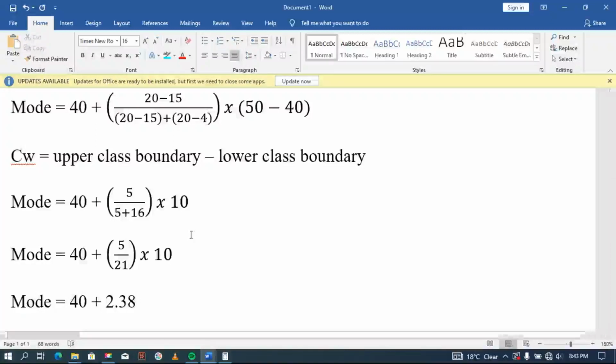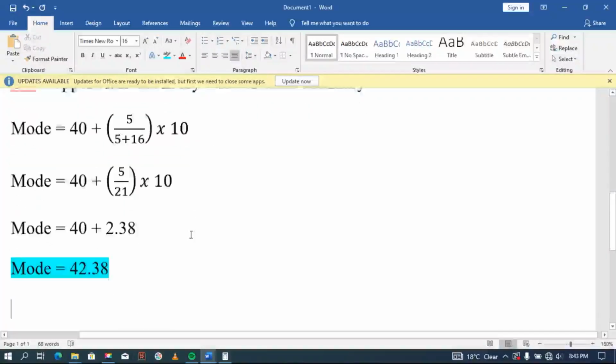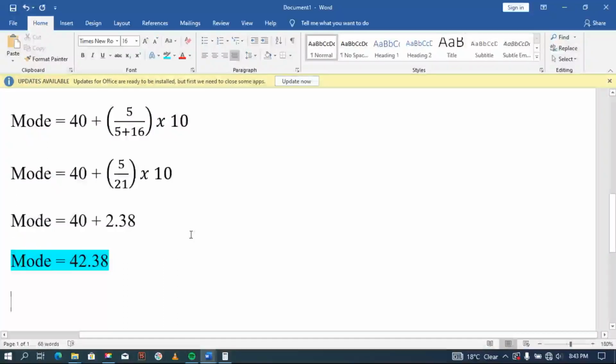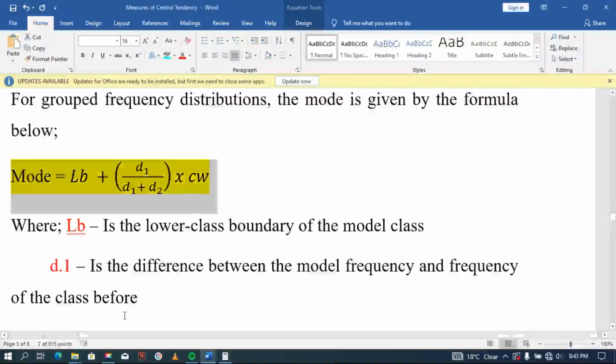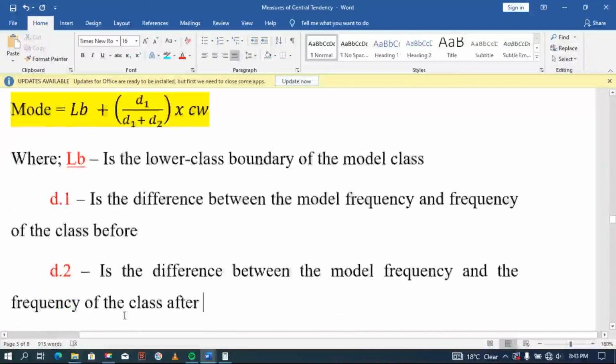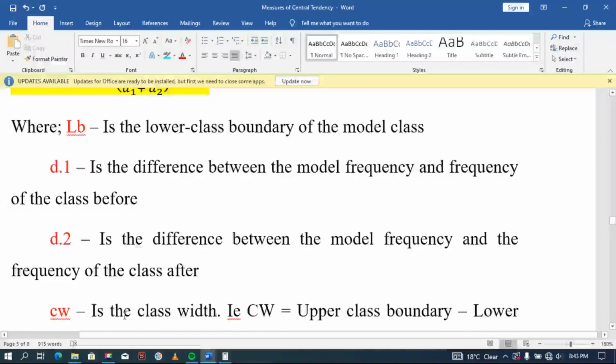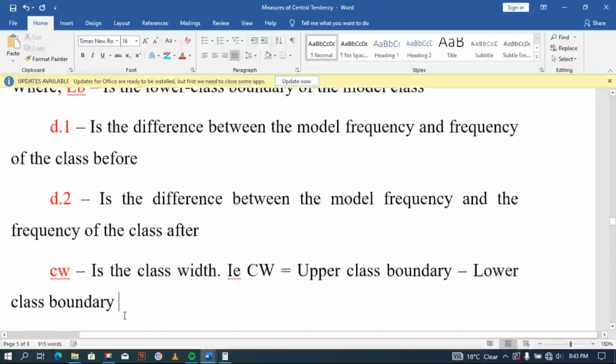So that is basically how we compute the mode of a grouped frequency distribution. Now we are done with looking at how to compute the mode when it comes to a grouped frequency distribution.